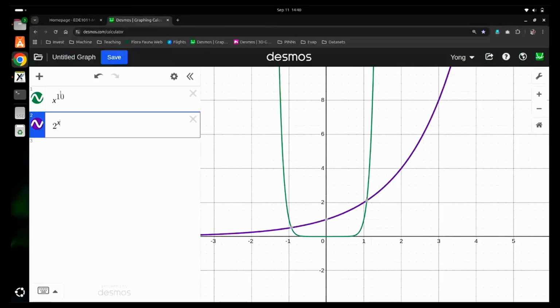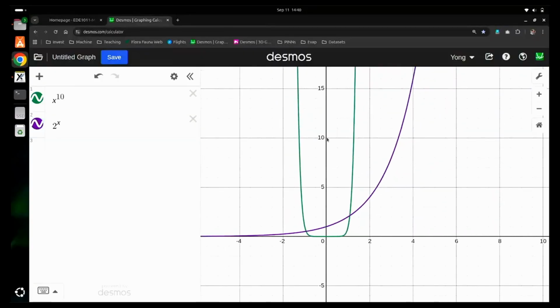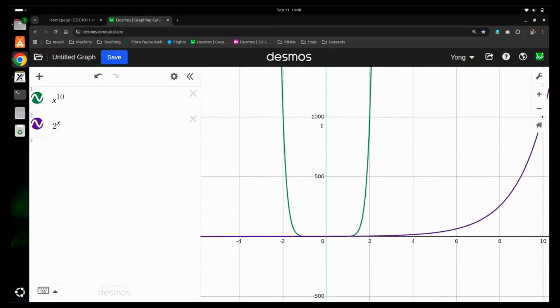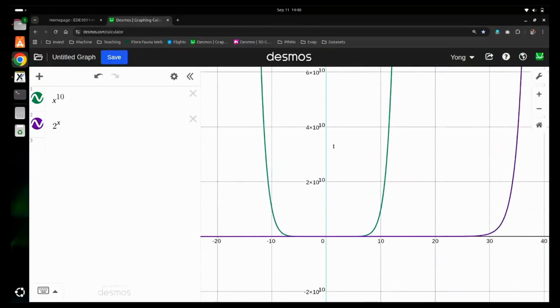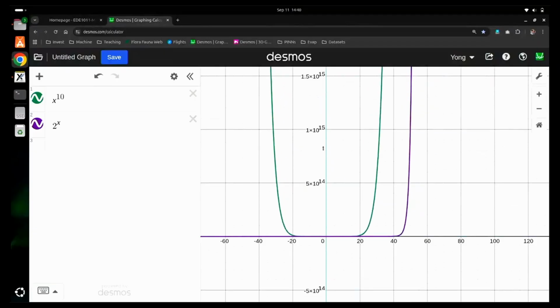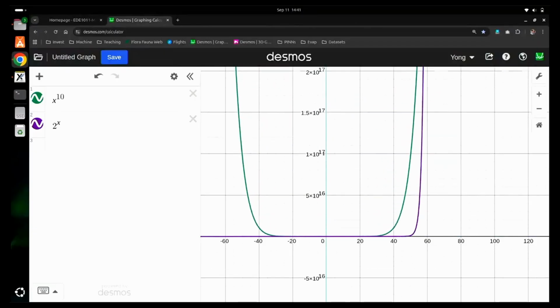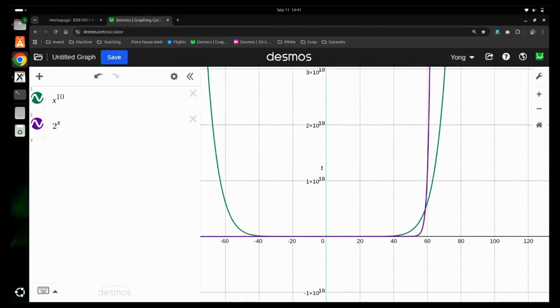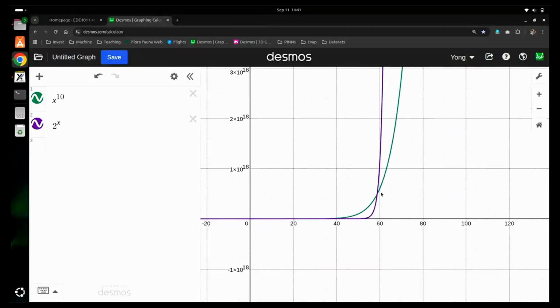But you have to look at the big picture. So what's the big picture? You must zoom out. I hope I can do this before the class ends. It's going to intersect soon. See what I mean? So eventually, x is not even very big, almost 60.